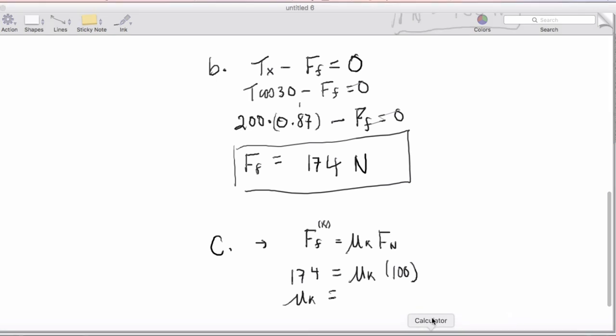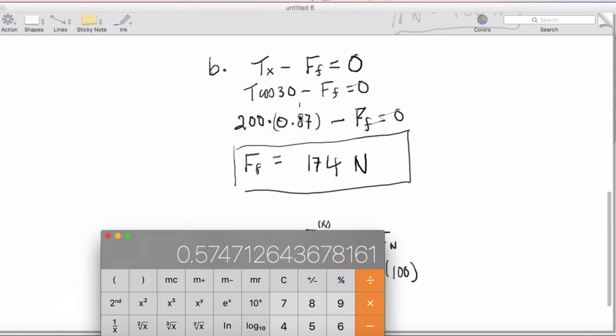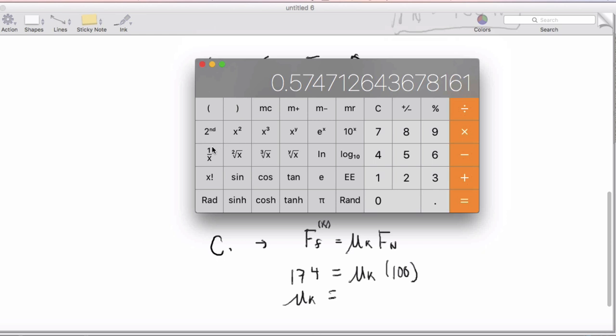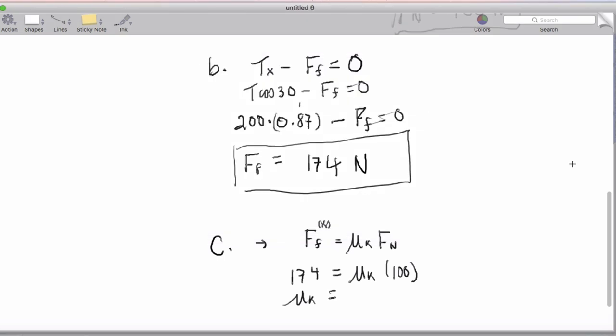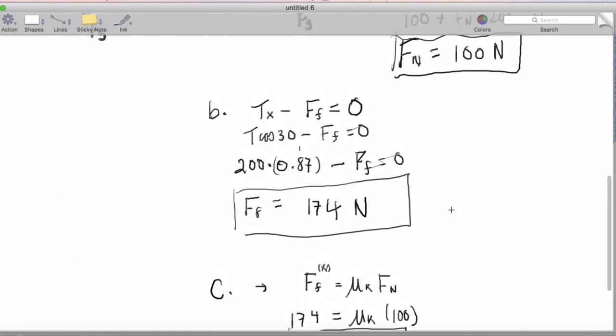And let me just do that in the calculator real quick. So 100 divided by 174. Let me make sure I have that right. No, it's 174 divided by 100. Sorry about that. So I'm going to end up getting 1.74 as my coefficient of friction. All right, so that is page 3.